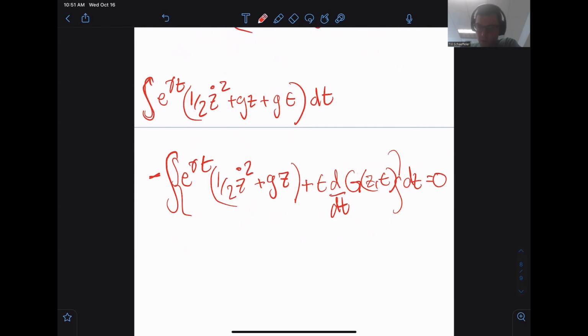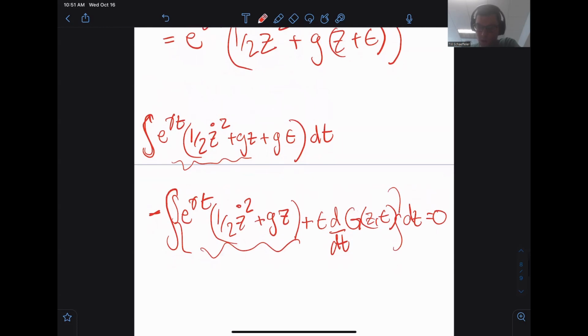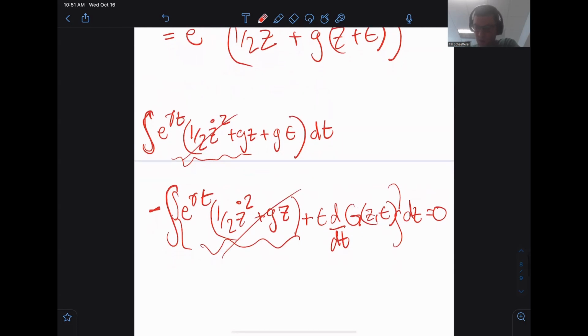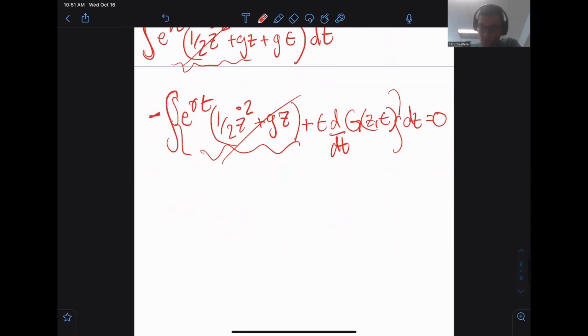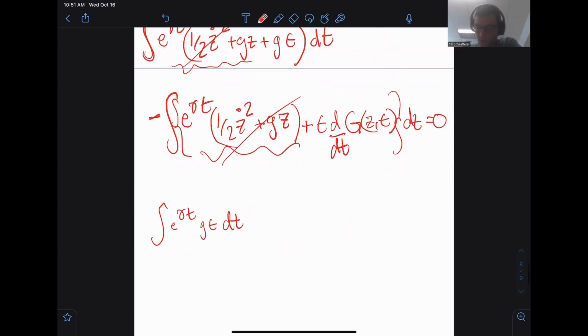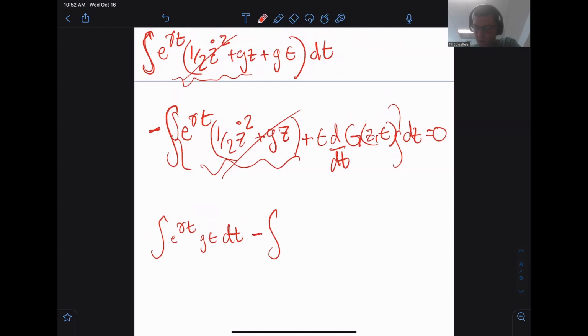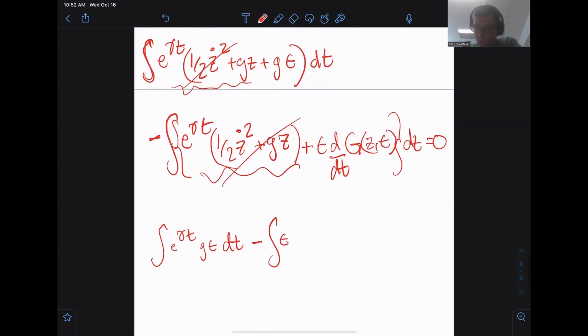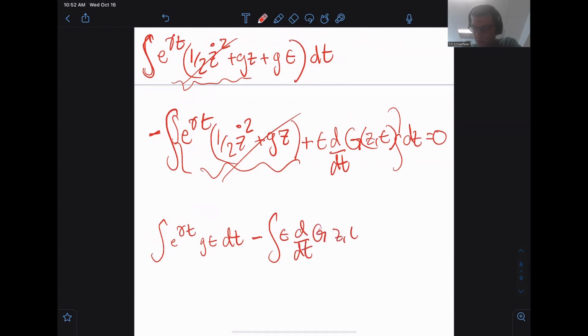All of this stuff here they have in the second term too, and there's a minus sign, so that all goes away, and you're just left with the integral, and what's left in this integral, epsilon times the time derivative of g, is equal to 0.